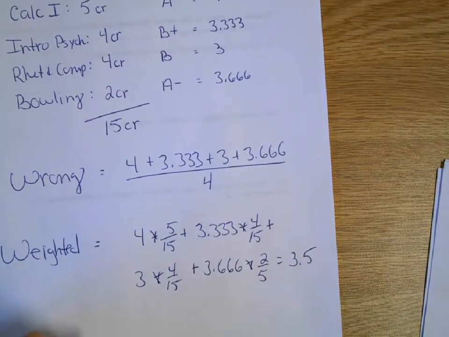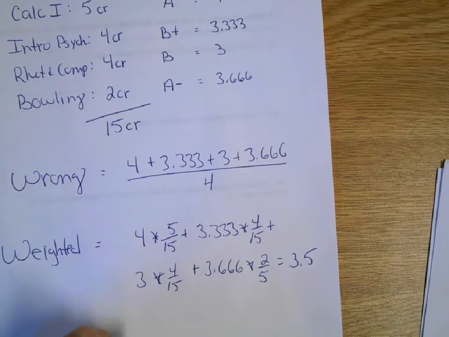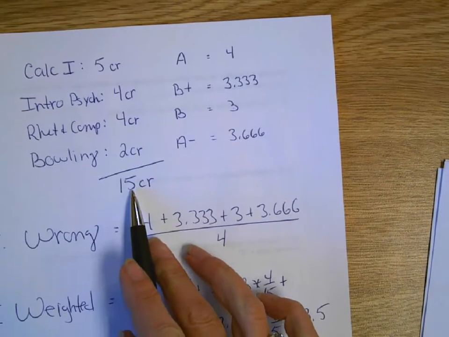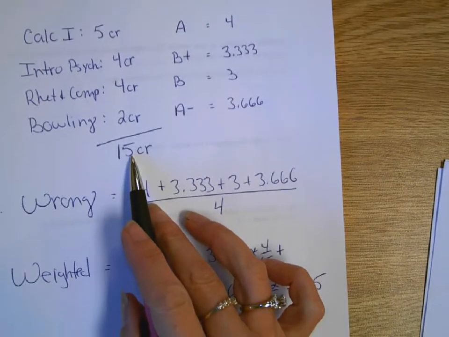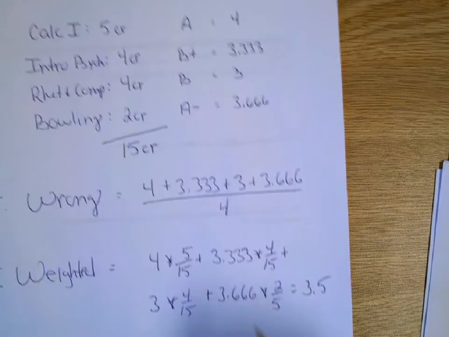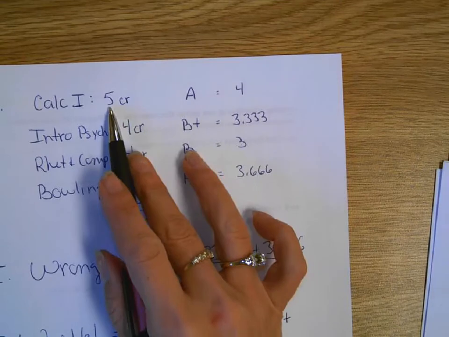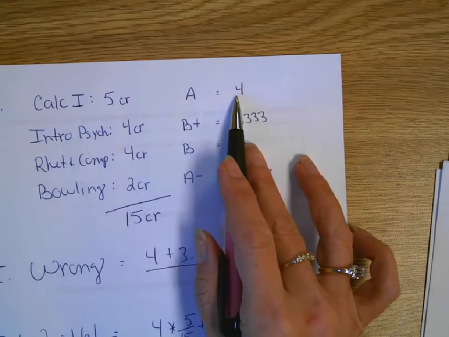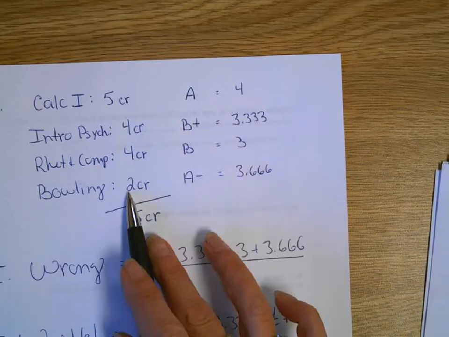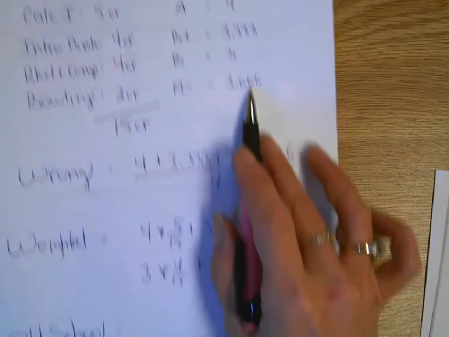Okay, the old school way to do it. Well, I see 15 credits, so I want 15 numbers that I'm going to add so I can divide by 15. Well, what are my 15 values? Well, I think of this as 5 4.0s, 4 3.33s, 4 3s, and 2 of these 3.666s.